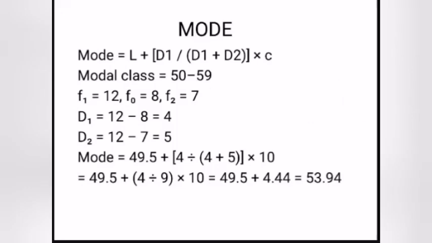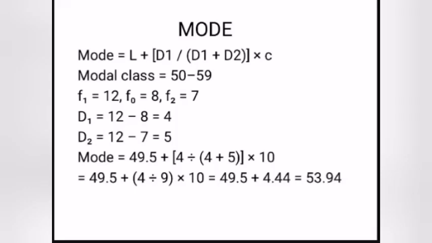Okay, so your mode formula, your L is still the lower class boundary of the modal class, and the modal class is 50 to 59. So lower class boundary is 49.5. That's 50 minus 0.5.